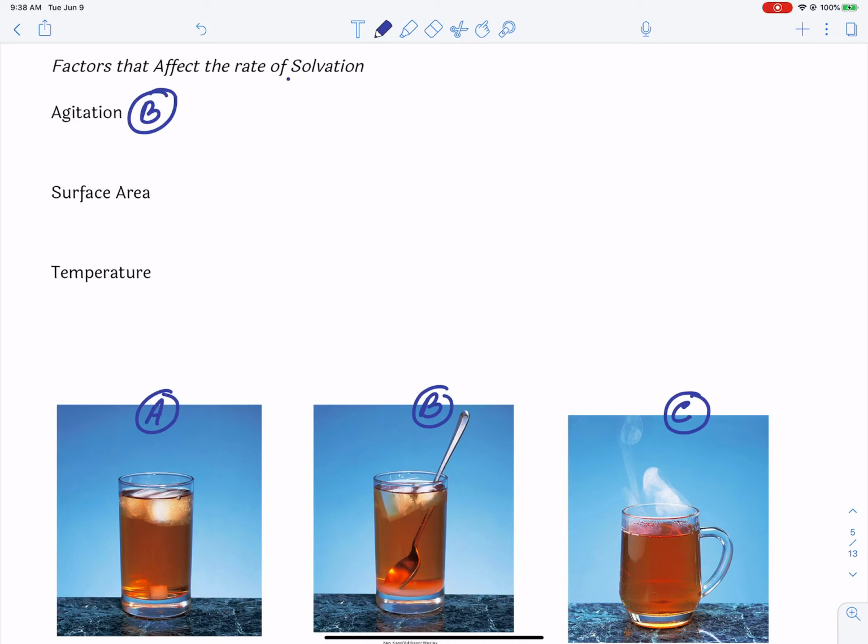The rate of solvation, that's a fancy name for dissolving. What has to occur for something to dissolve? We saw this back in chapter 15. You have to have attractions between solute and solvent. And what these do is they increase those collisions between solute and solvent.